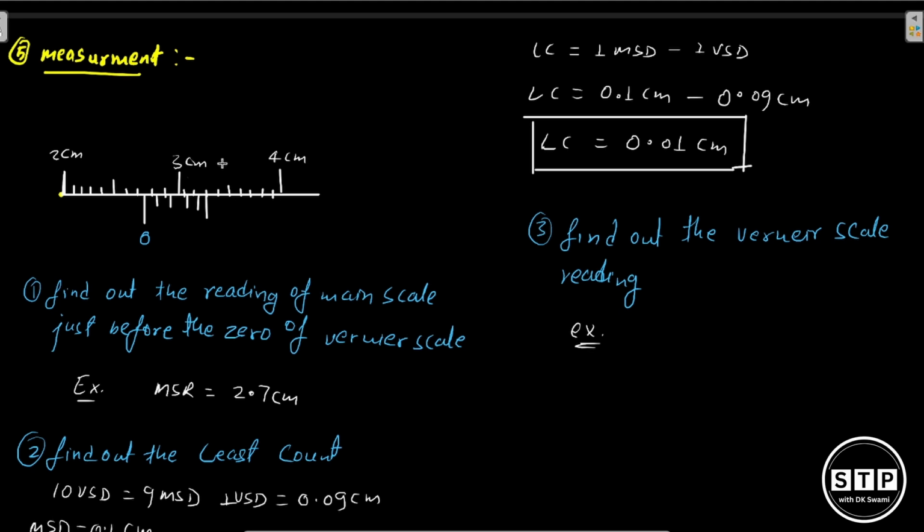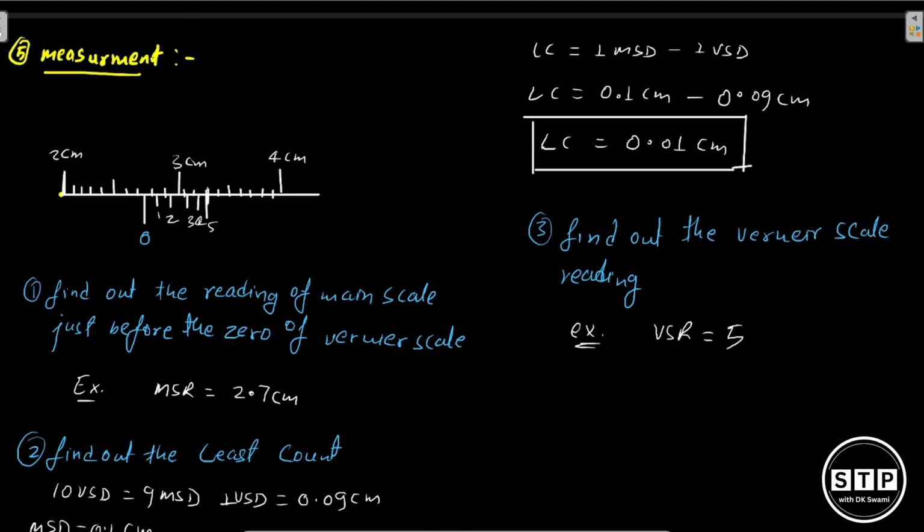If you count, this is 1 2 3 4 5. So the fifth division is exactly matching with the main scale. If any division nearby is matching, in practical you can take that, but in the question generally the exact matching will be there. So start from the 0 and find the division which is exactly matching with the main scale. Here the Vernier scale reading is 5.